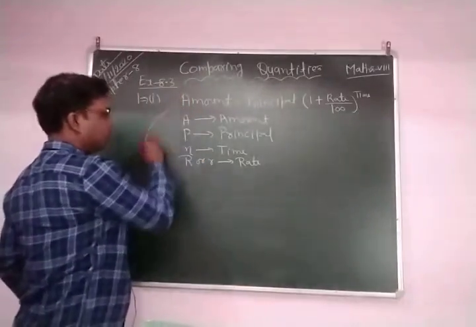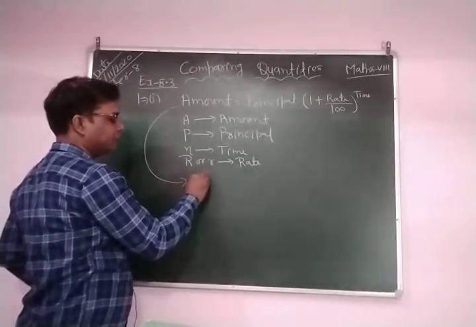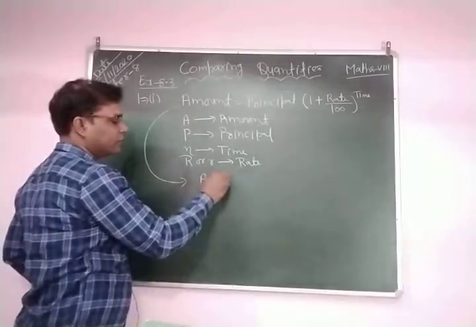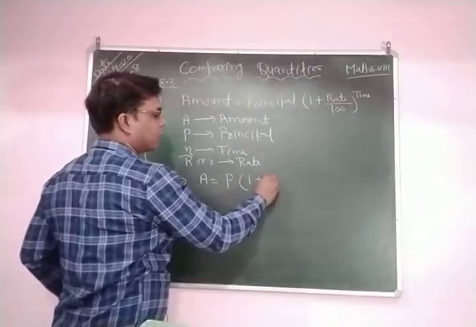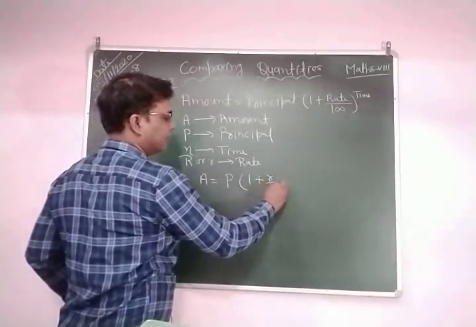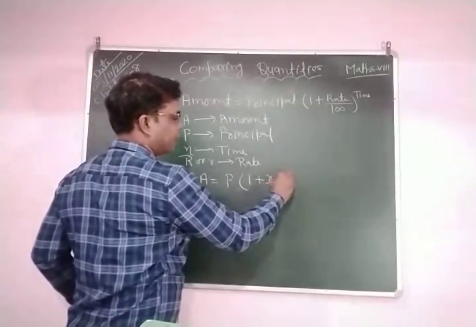This formula we can write like this: A is equal to P into 1 plus R by 100, to the power N.